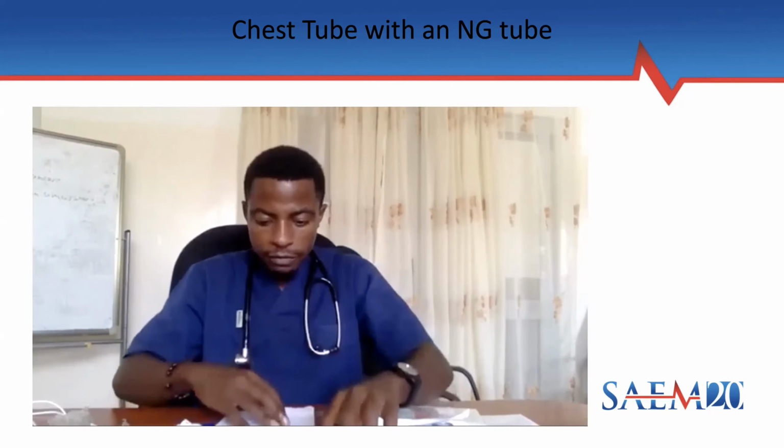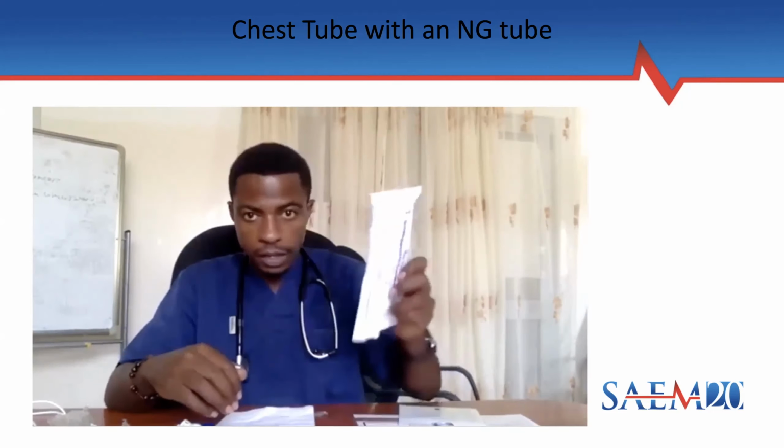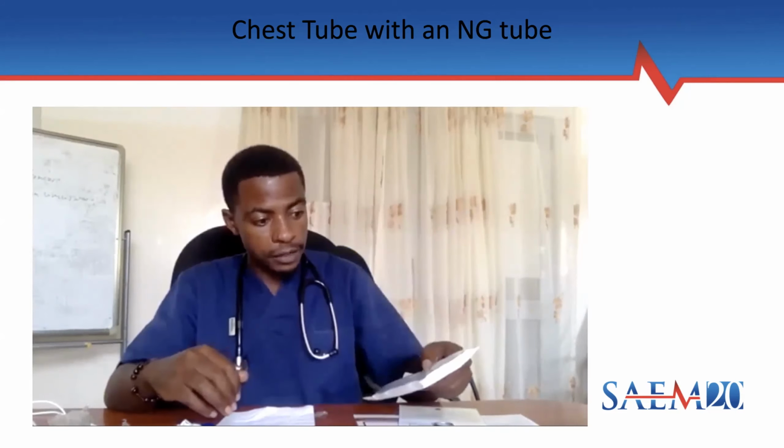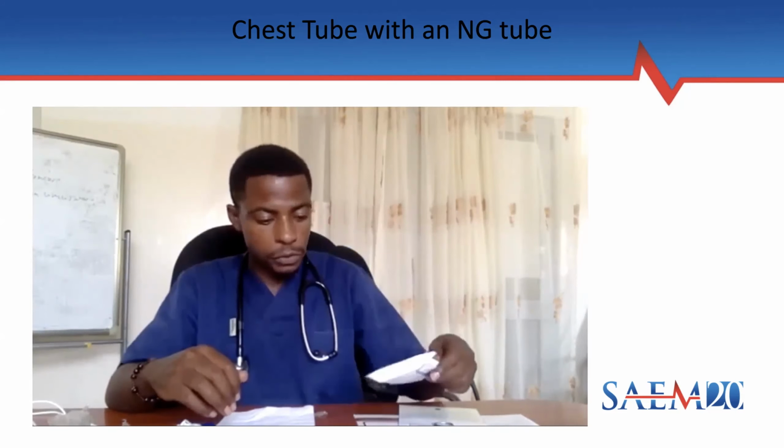Before we start, let us first identify materials to be used. So here we have a simple NG tube, number 18, of course, which is big to use.